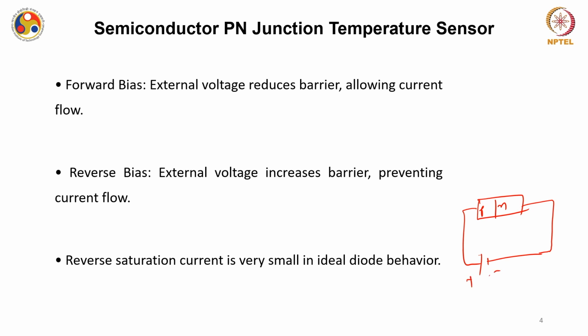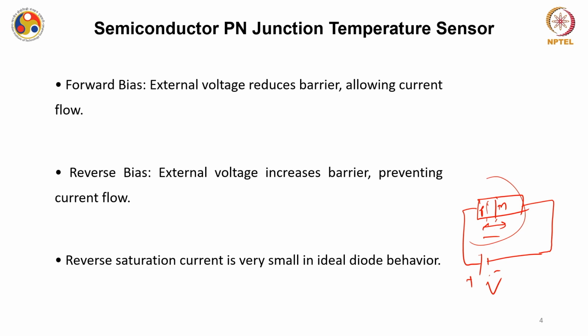Under this forward bias condition, the external voltage reduces the junction barrier which is formed at the p and n junction. Under this condition of biasing, the depletion region thickness decreases, and this will allow current to flow.